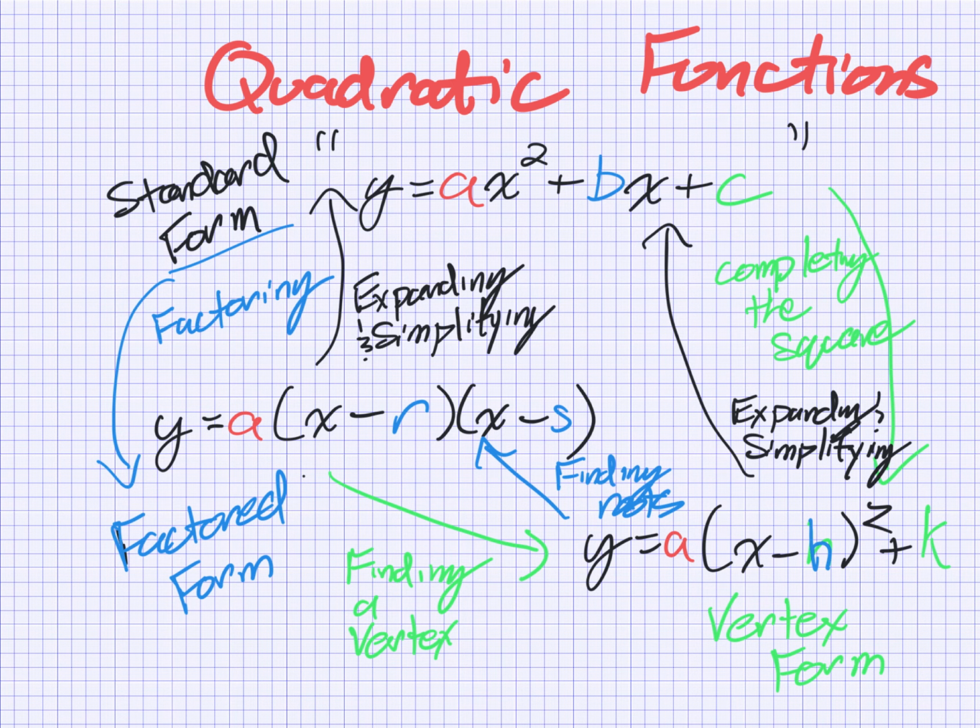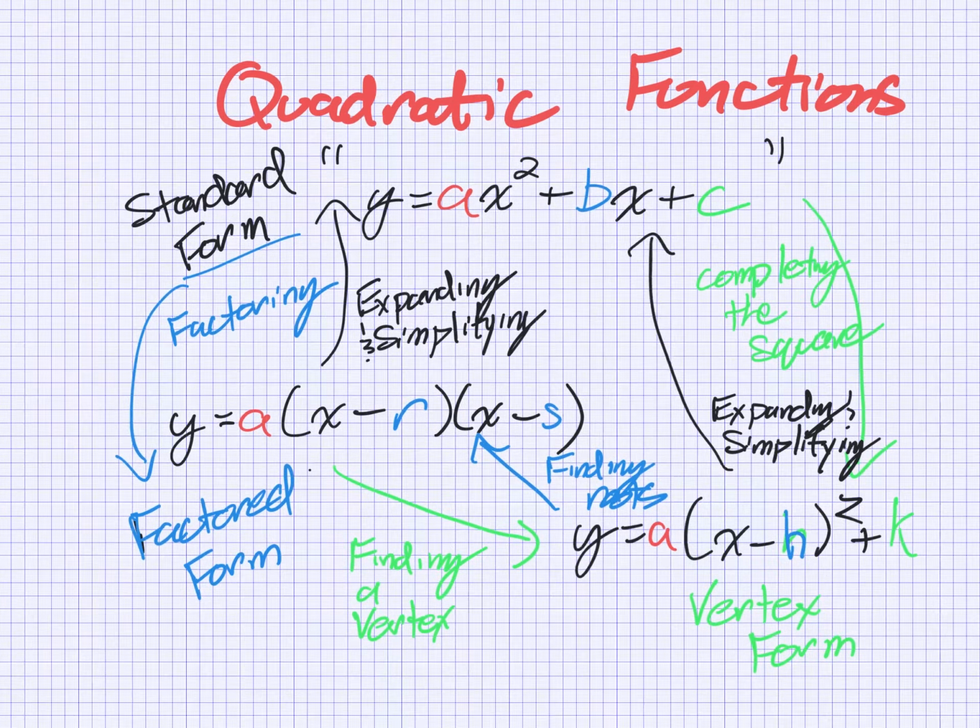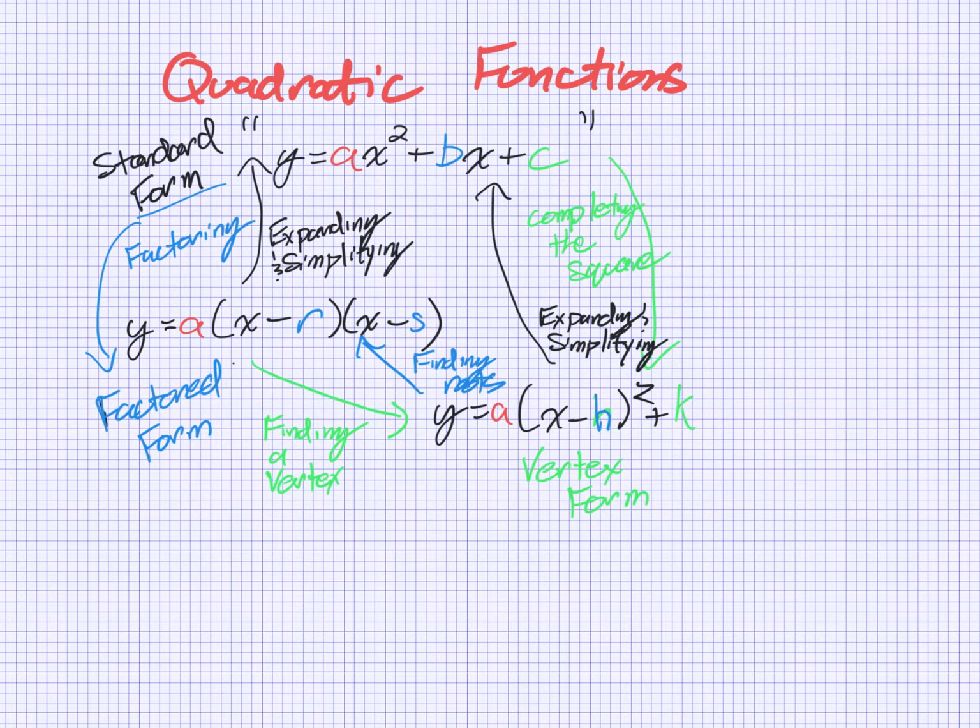The one last thing I do want to talk about, since this is an overview, I'm just going to draw a little. From standard form, which I'm going to call SF, y equals ax squared plus bx plus c.